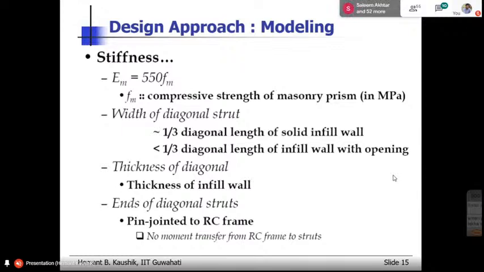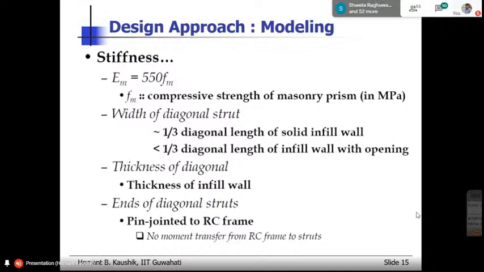That means if you want to reduce the stiffness, either you have to reduce A or E, but E, the material part, remains the same. So you have to reduce the A. In A, you have the thickness of the wall, which cannot be reduced. The only thing that can be reduced is the width of the diagonal strut. So that will be even less than 1/3 then.